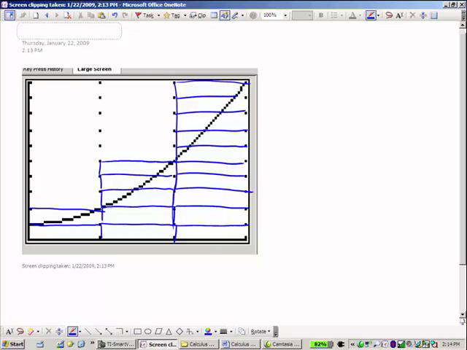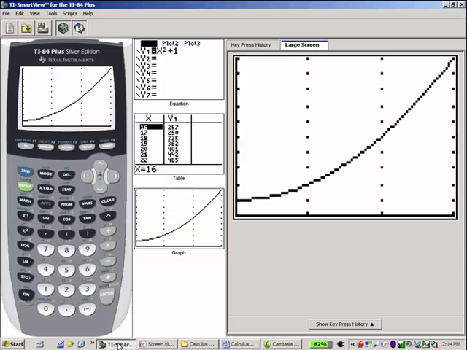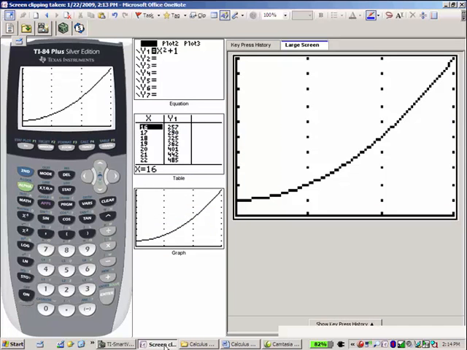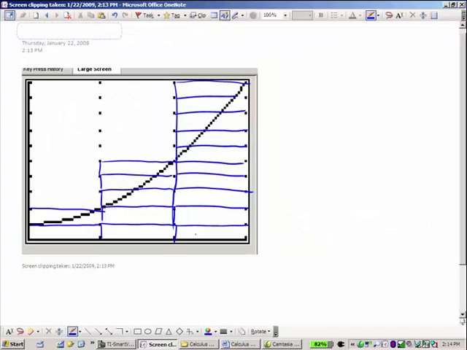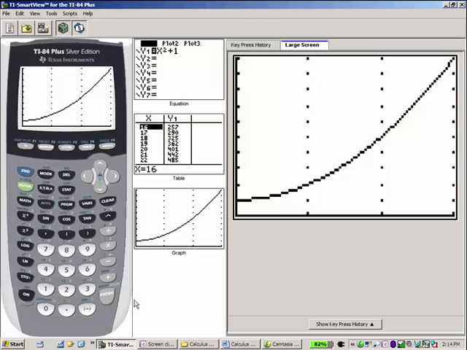Now, I'm not sure if this is going to work, so hold on. Would you agree that each square in here has an area of 1? Is that all right? Yeah, you would. All right. Let me see if it works.